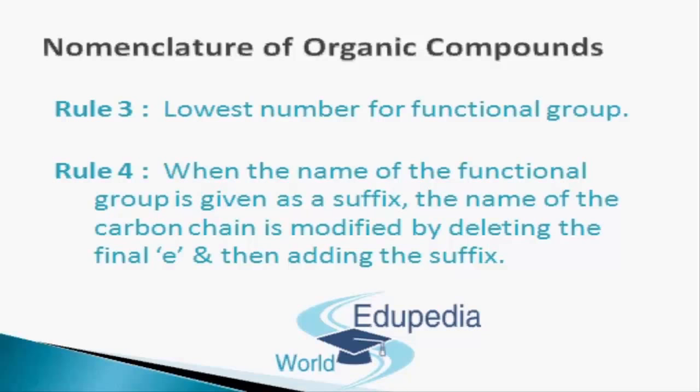For example, a 4 carbon chain with an alcoholic group, we will name it like this: butane, we have to remove this E and add OL so that it will become butanol.